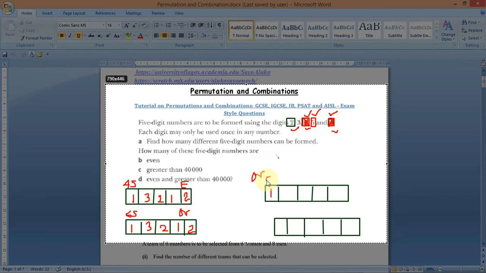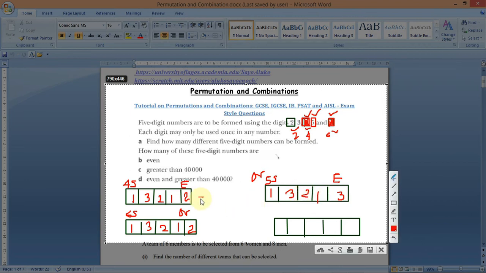So 5 starts, I can cancel 5. Then the numbers that can end: 6 can end it, 4 can end it, and 2 can end it. So I have three numbers that can end, to be an even number. Then I'll be left with 3, 2, 1. That's all.